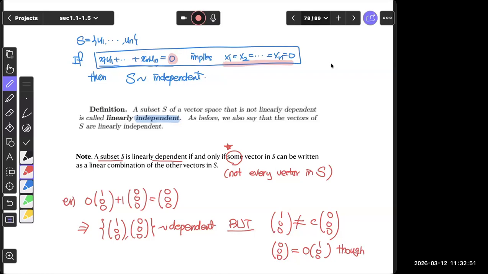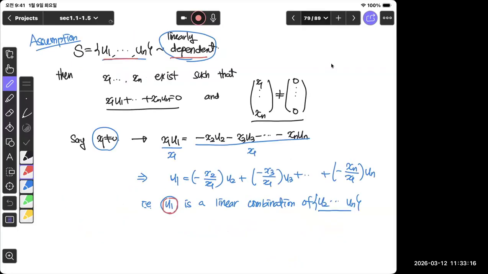So some vector in the linearly dependent vectors is a multiple of the other vectors, but not every vector is a multiple of the other vectors. So that is a property of linearly dependent or linearly independent vectors.